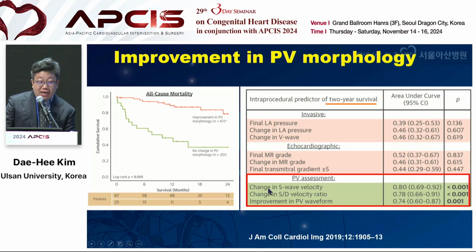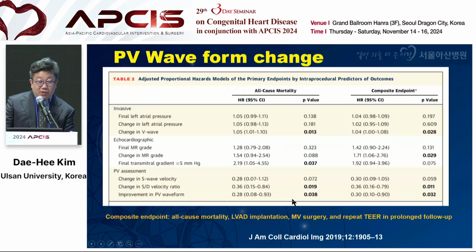This is another analysis: the pulmonary vein assessment, especially S velocity change, S/D ratio increase, and improvement in pulmonary vein waveform, were also independent predictors of composite outcome.